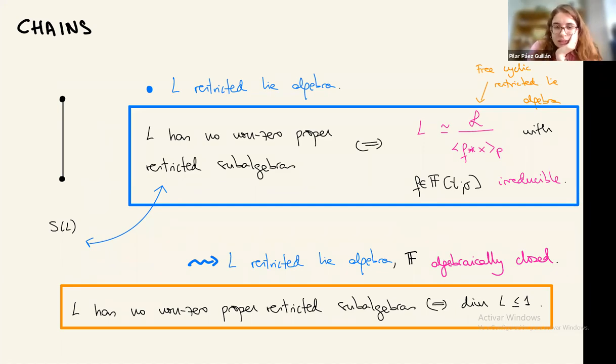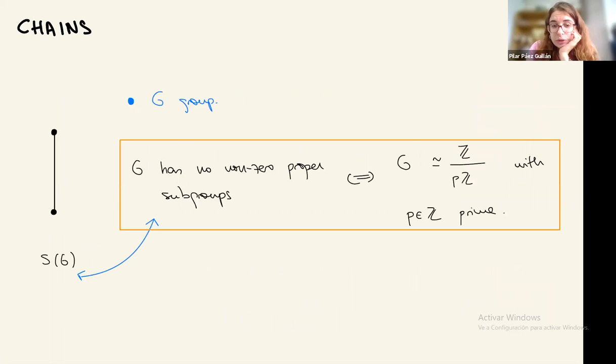I said that this result was not really surprising, as if we go back to the setting of groups, we have the equivalent result that a group has no non-zero proper subgroups if and only if it is isomorphic to a quotient of the integers by the normal subgroup generated by a prime element.